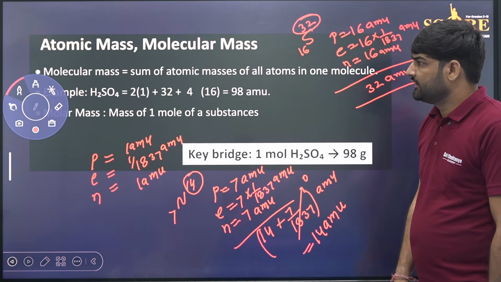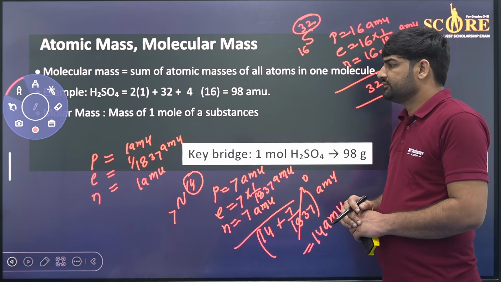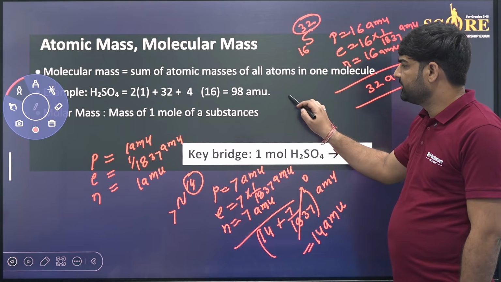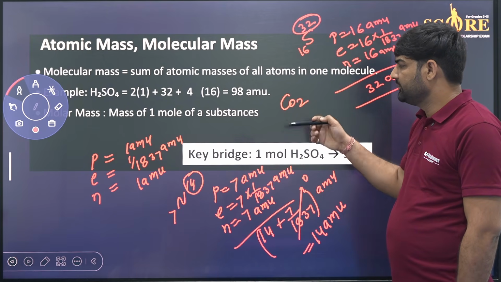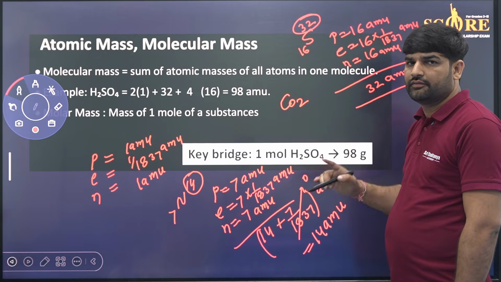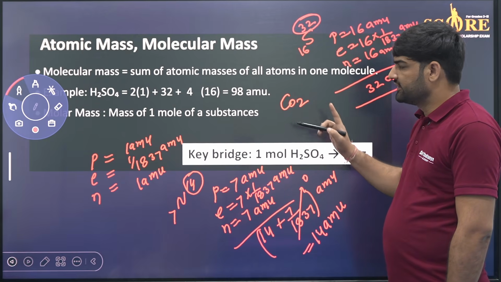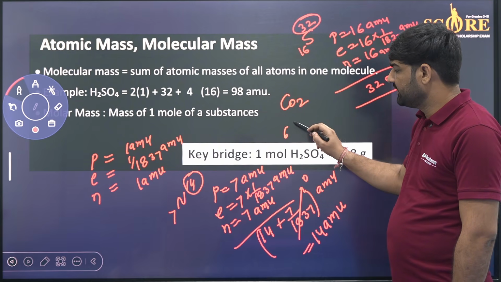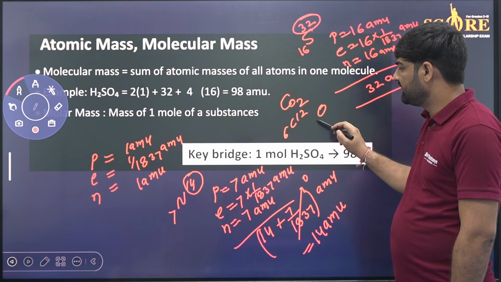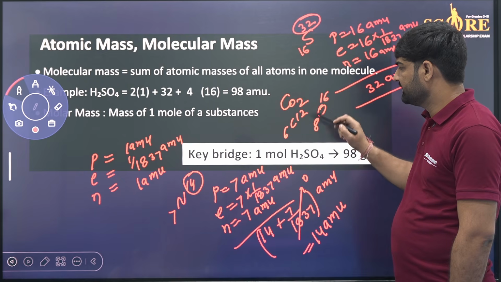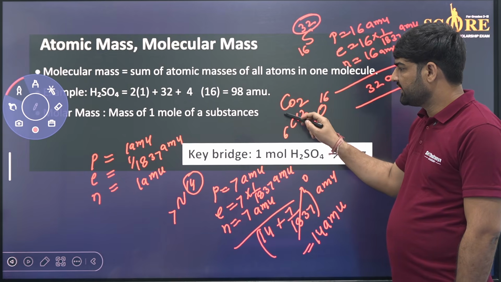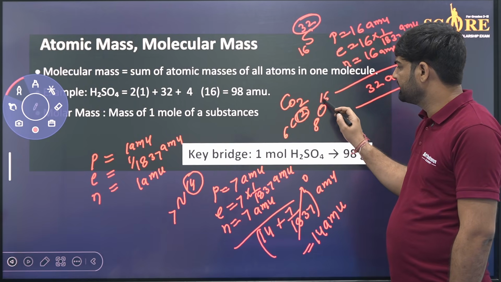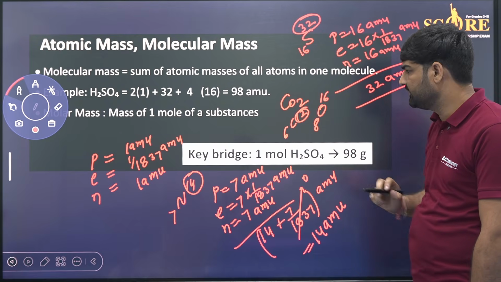Then now we go for molecular mass. Let's take the example of CO2. CO2 is a molecule. CO2 contains one carbon atom and two oxygen atoms. One carbon atom will be 6C12 and one oxygen atom will be 8O16. Now for one carbon atom the mass is 12 amu and for two oxygen atoms the mass is 16 multiplied by 2, 32 amu.